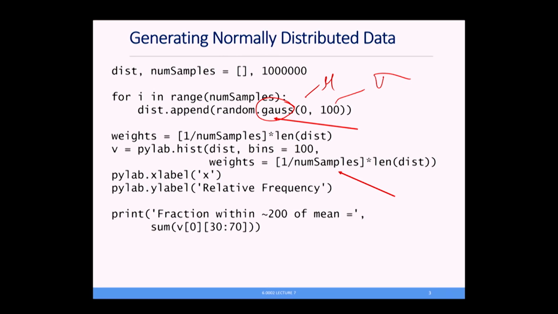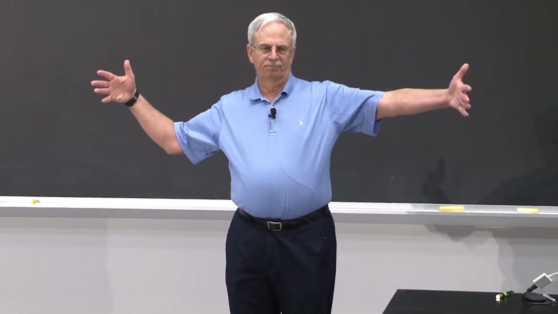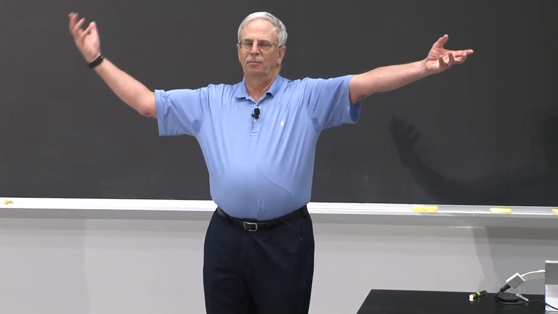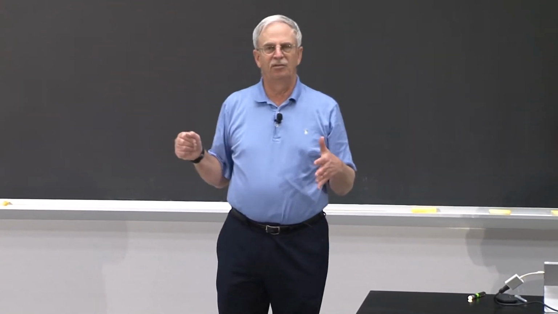And then this is something we haven't seen before, weights. Weights is a keyword argument. So normally, when we produce a histogram, we take all of the values, the minimum to the maximum, and in this case, we would divide them into 100 bins, because I said bins equals 100.